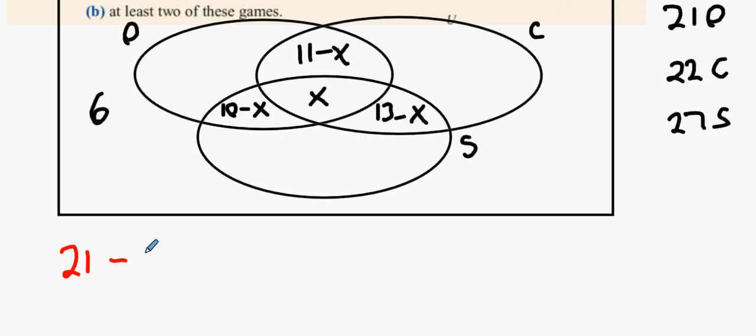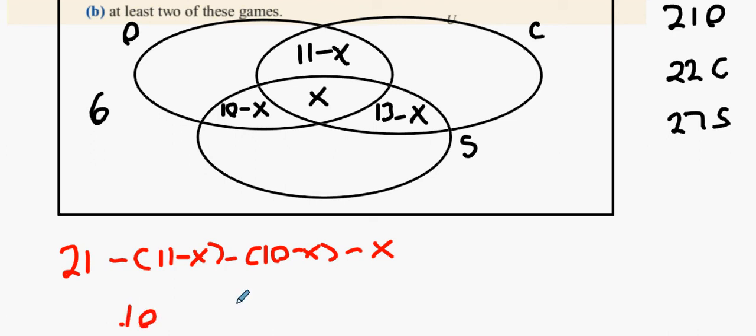Take away 11 minus X, take away 10 minus X, take away X. Okay, I should get 10 plus X. Anybody got X plus 10 or 10 plus X? For darts, darts only? Yeah, perfect.